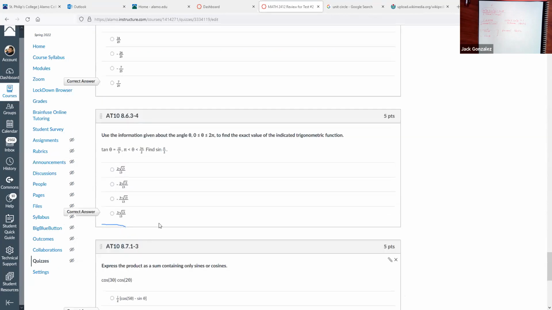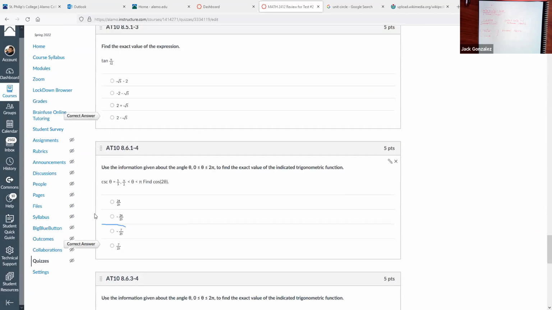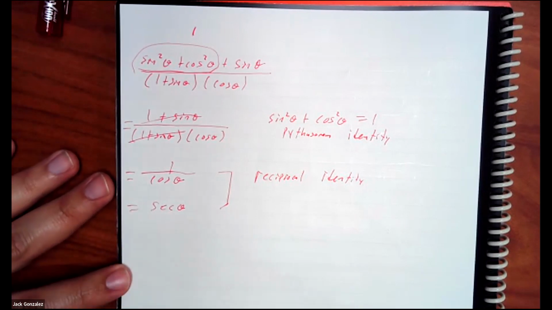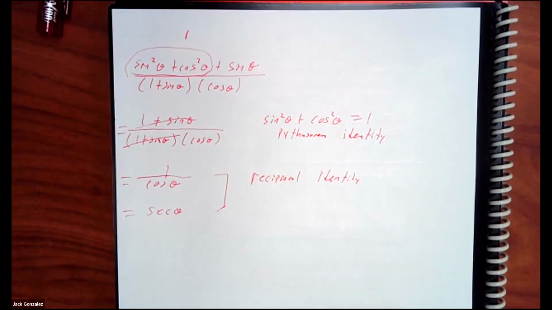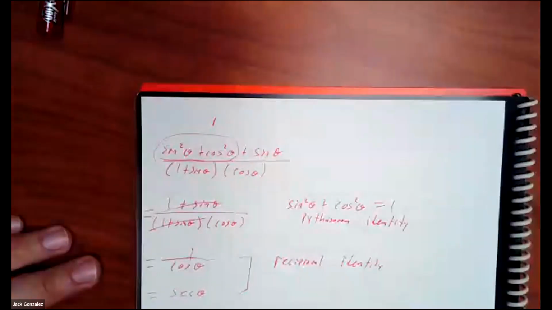Last two are super easy. So let's do the proof, and then let's do this one. You probably need another page though. What number were we on? 15. Yep. Okay.